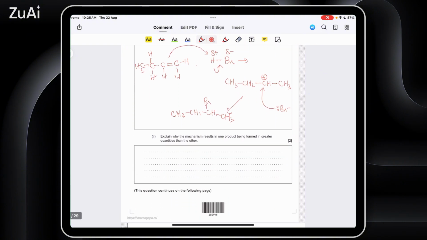Explain why the mechanism results in one product being formed in greater quantity. Why? Because due to, we can say, a more stable intermediate. That's a 2-mark question.